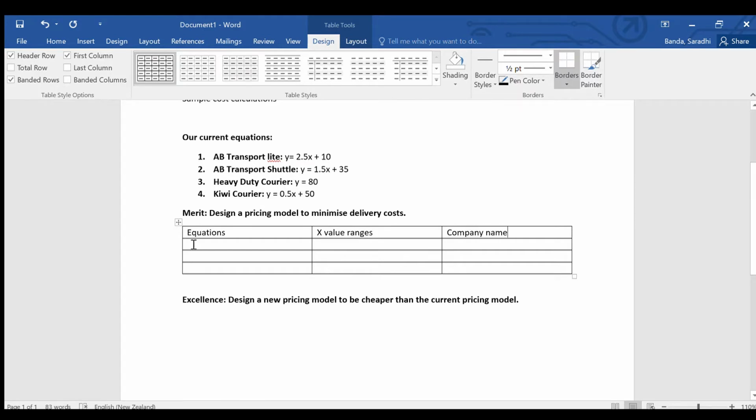We've seen that the first one is the red line, which represents y equals 2.5x plus 10, and this is lower for the values between 0 and 20, and it represents AB Transport Light.